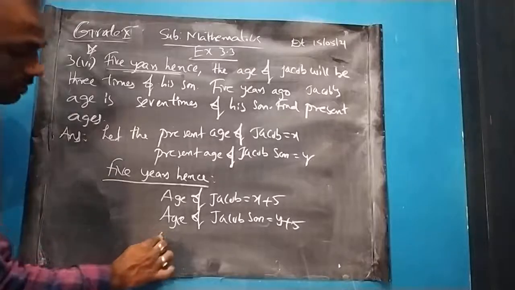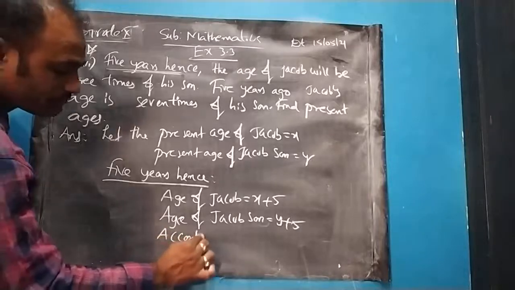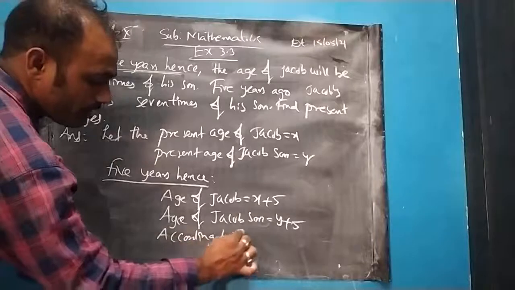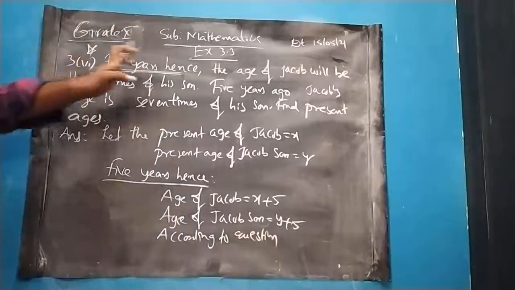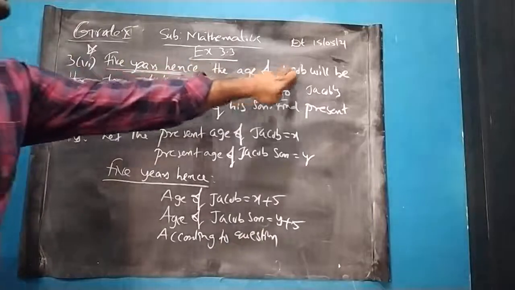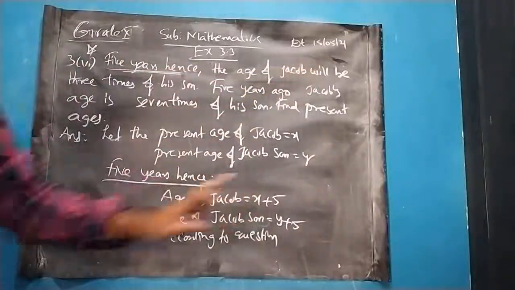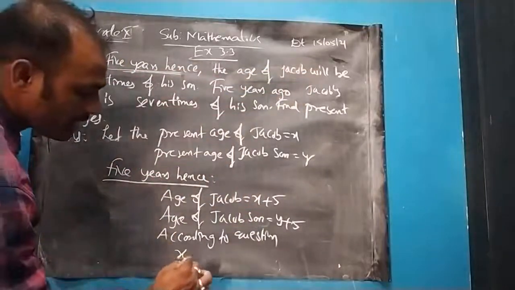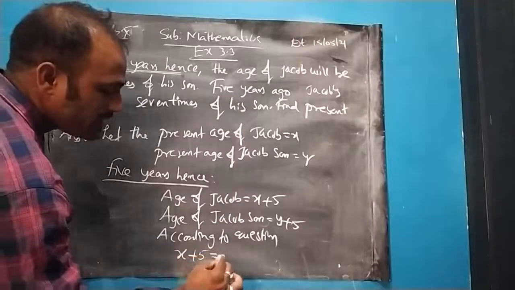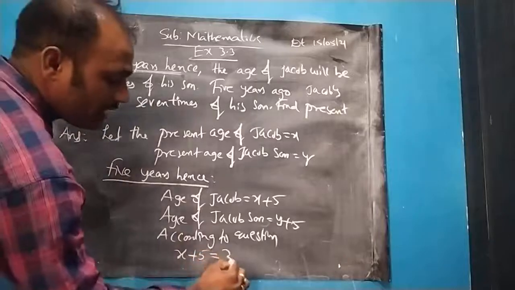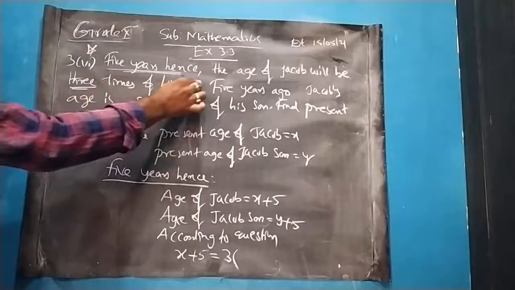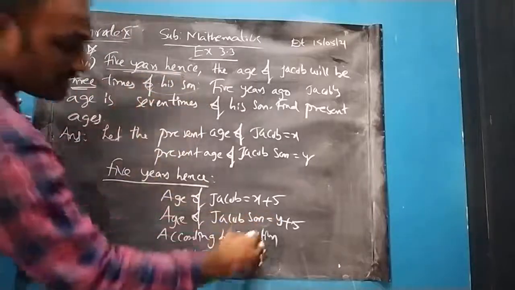Now, according to the question, what is given? According to the question, this sentence is completed now. What is the age of Jacob here? X plus 5. So X plus 5 is equal to how many times? 3 times. 3 times of whom? His son. What is the son's age here?